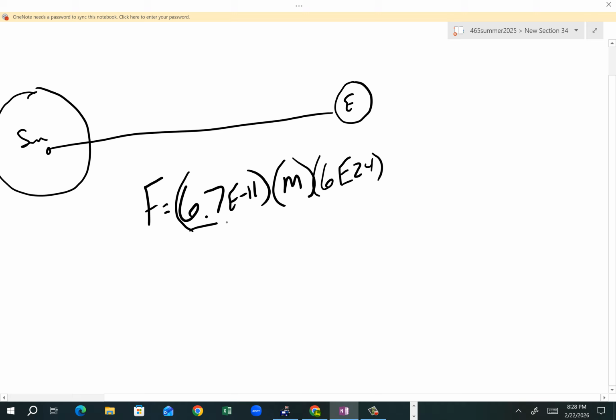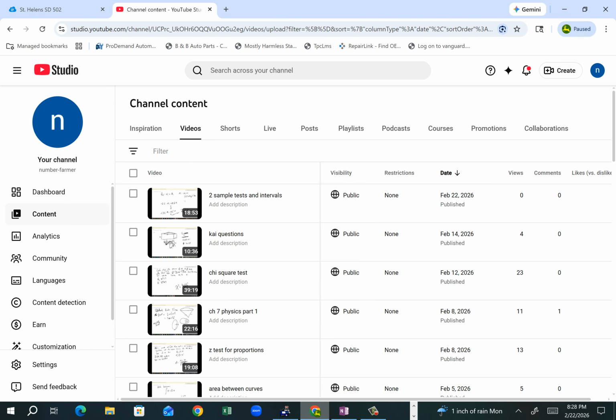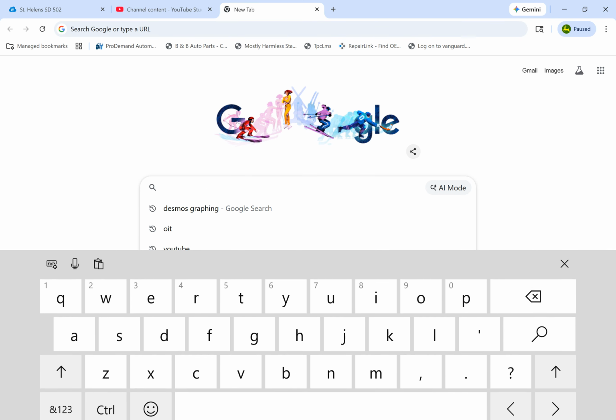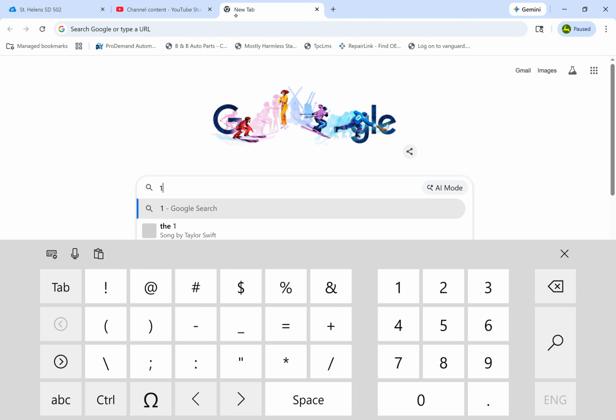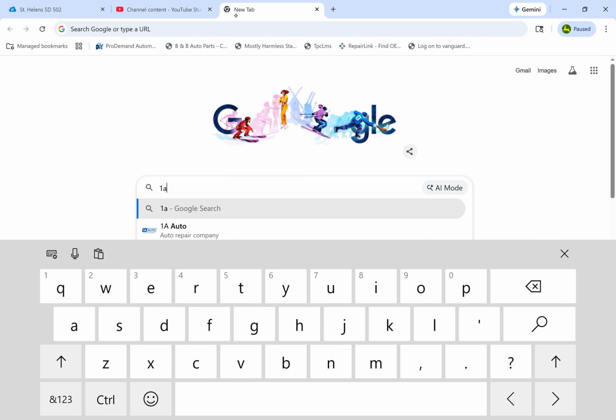And then, of course, we are 93 million miles away, which is 1 AU, one astronomical unit.